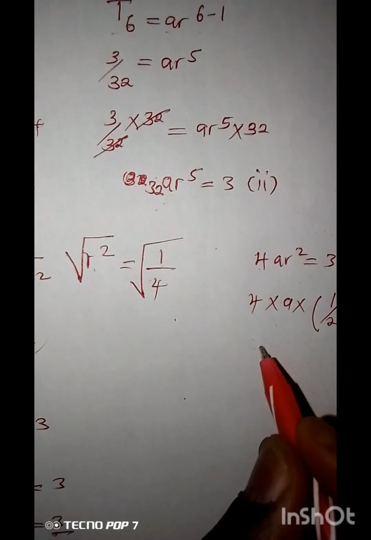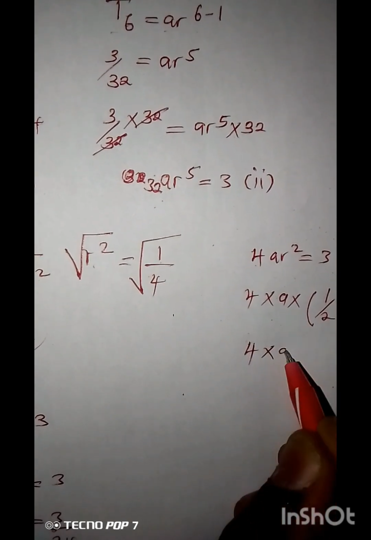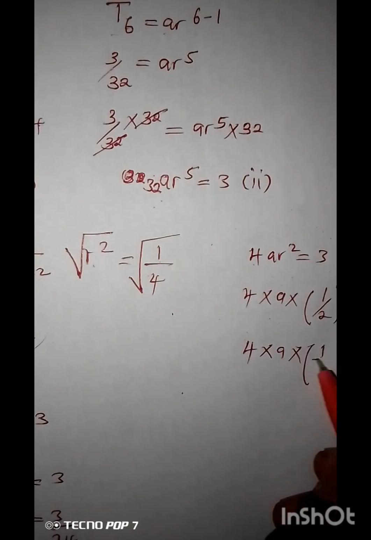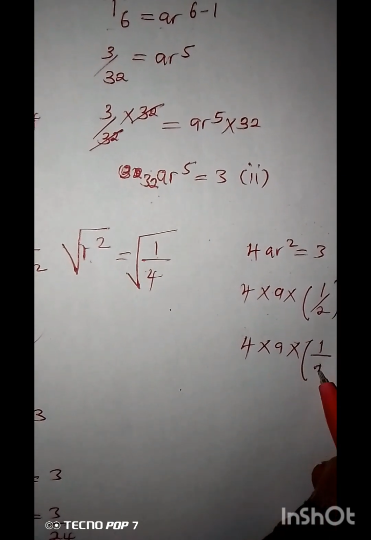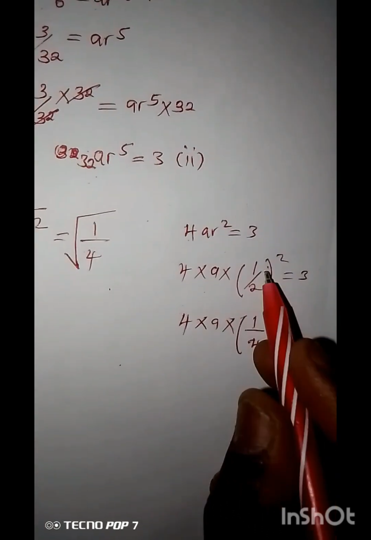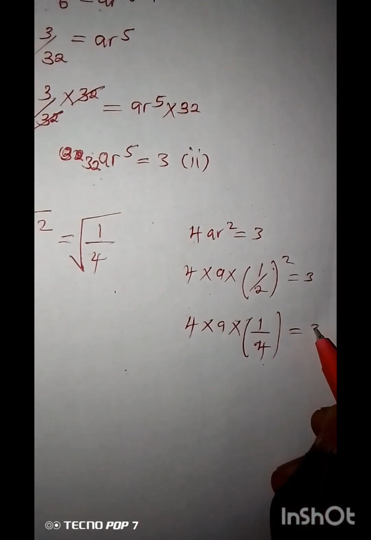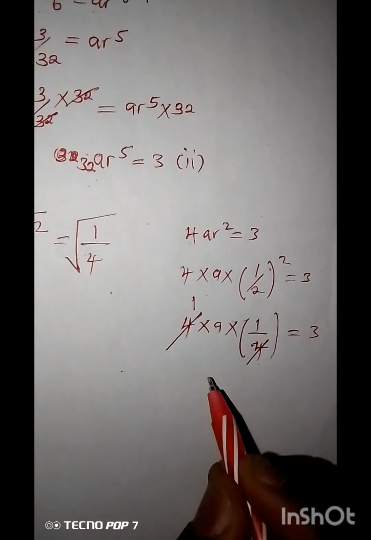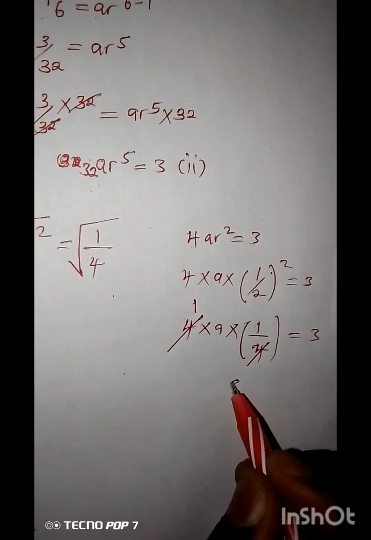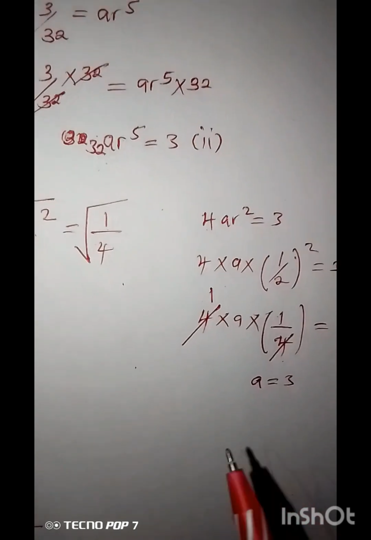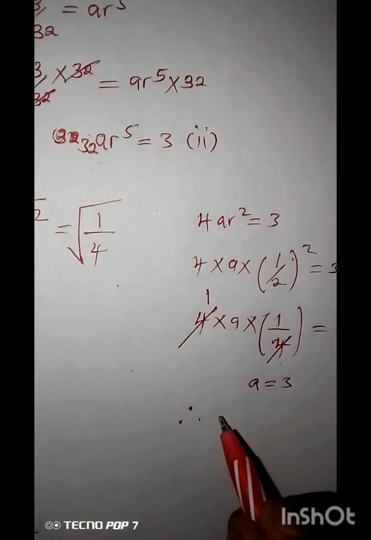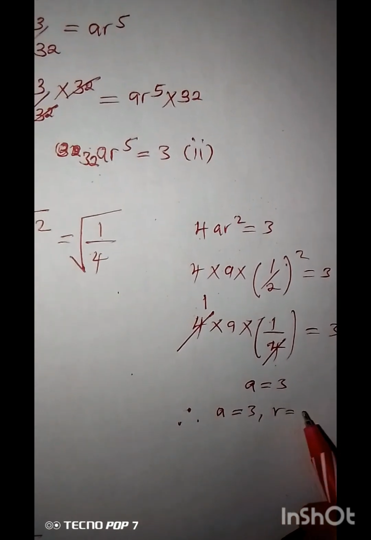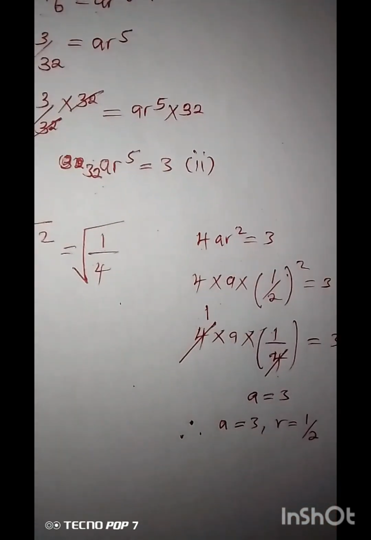So here it will be like this, 4a, so 1 to the power 2, that's 1. 2 to the power 2, that's 4. That's what I'm doing here. So here it will be 3. 4 into 4, that's 1. 1 by a, that's a. A by 1, that's a. So the first term is 3. Therefore, the first term is equal to 3. The common ratio is equal to 1 over 2.